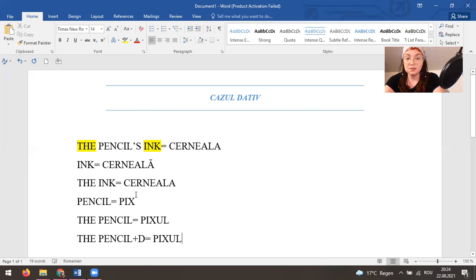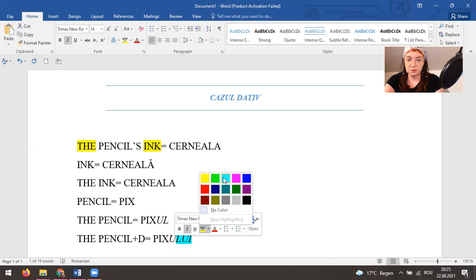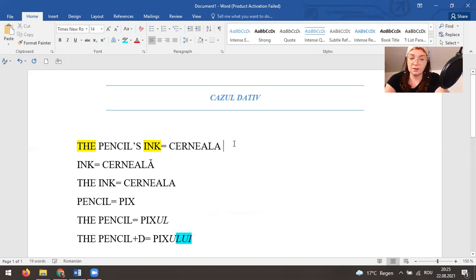Pixul, so we copy pixul with the normal article. So we have the normal article once, and then here we go. And here, cerneala pixului.